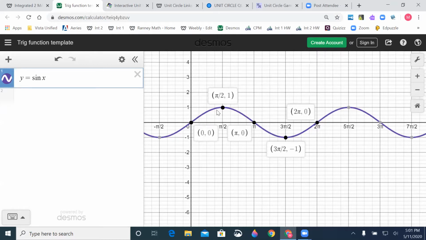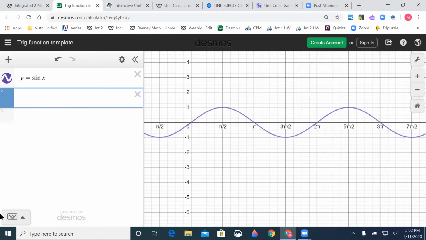So I was at 0, 1, 0, -1, 0, 0, 1, -1, and then I'd go back to 0. So our sine graph, which is going all the way around the unit circle, has a period of 2 pi unless it gets adjusted.